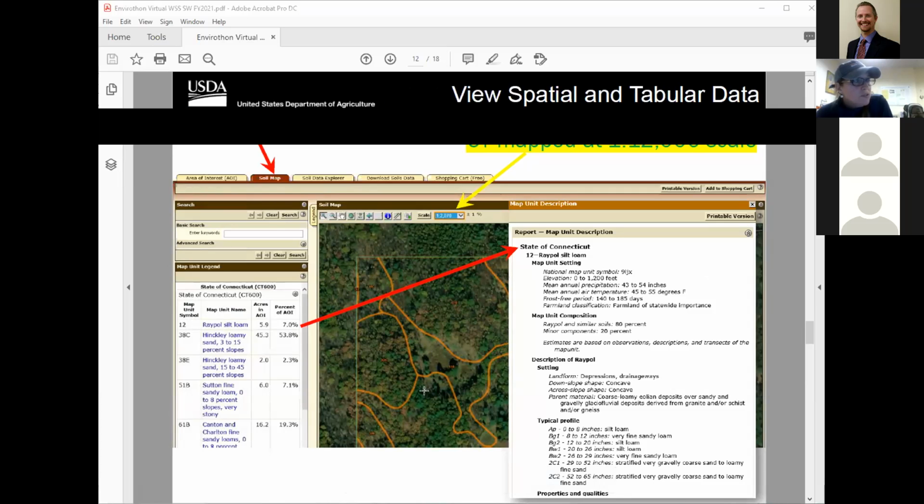The symbols don't show up so well, but they are there with the orange lines of my soil lines. I have my legend over here that has my symbols, my map unit name, my acres. I clicked on a map unit name and more information has come up about this map unit symbol 12.